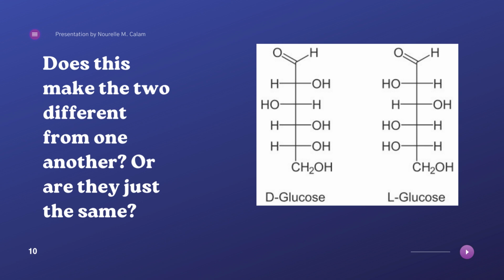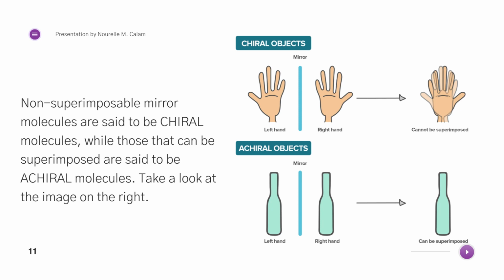They are mirror images of one another. Because of this, glucose could be considered a chiral molecule, whereas those molecules that can be superimposed are said to be achiral molecules.